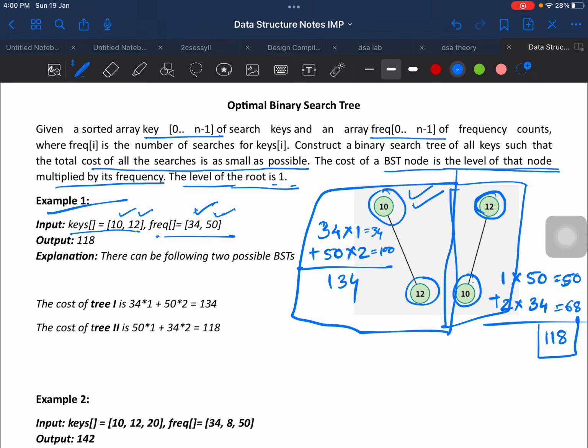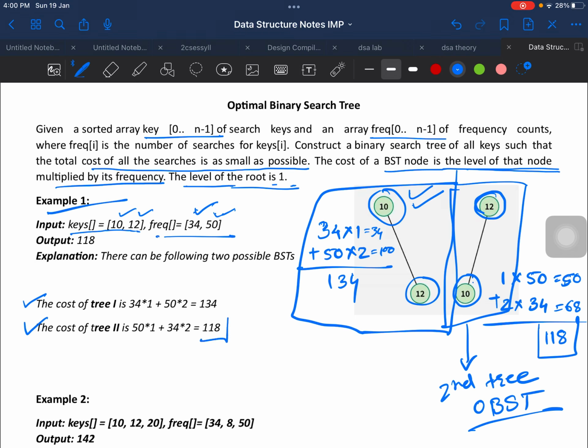The cost of the first tree is 134 and the cost of the second tree is 118. So this second tree is called OBST, optimal binary search tree. So see here everything is given. The cost of tree 1 is 34 into 1 plus 50 into 2 that is 134, and the cost of tree 2 is 50 into 1 plus 34 into 2 equals 118.